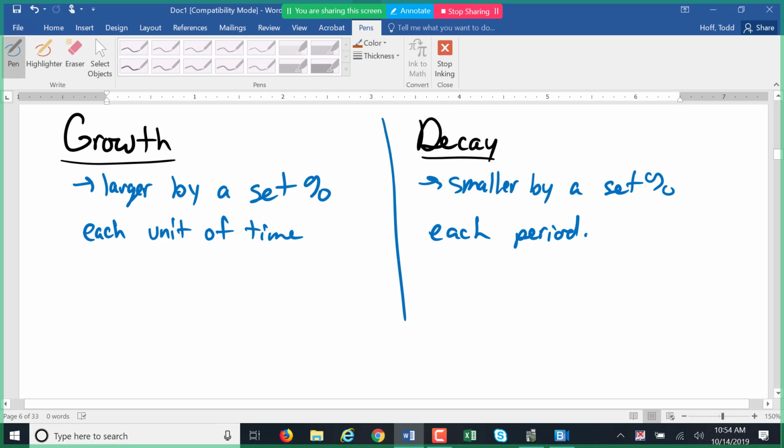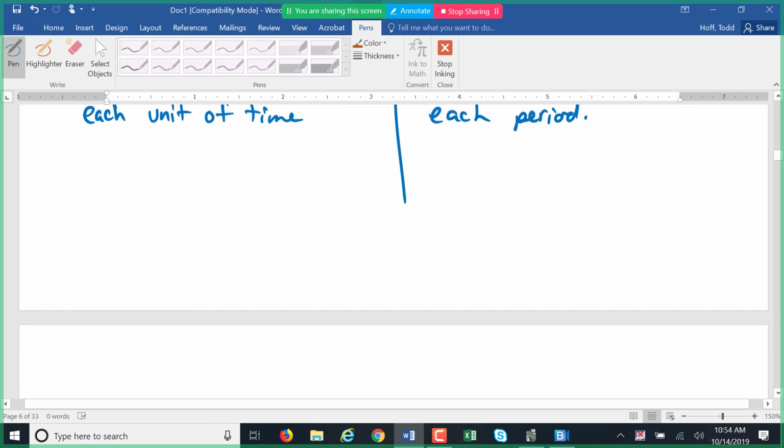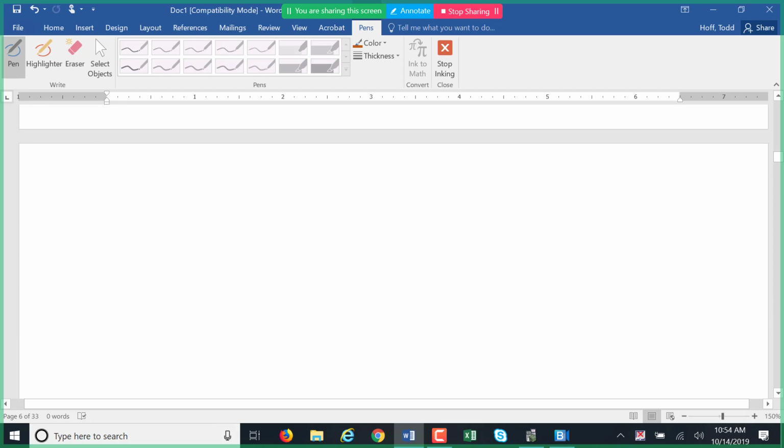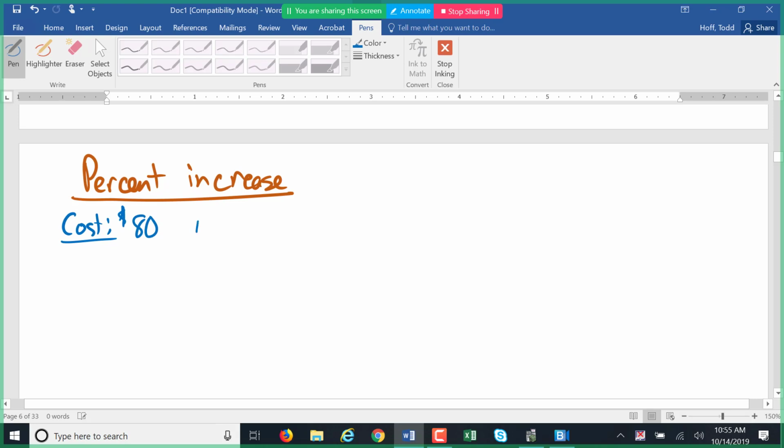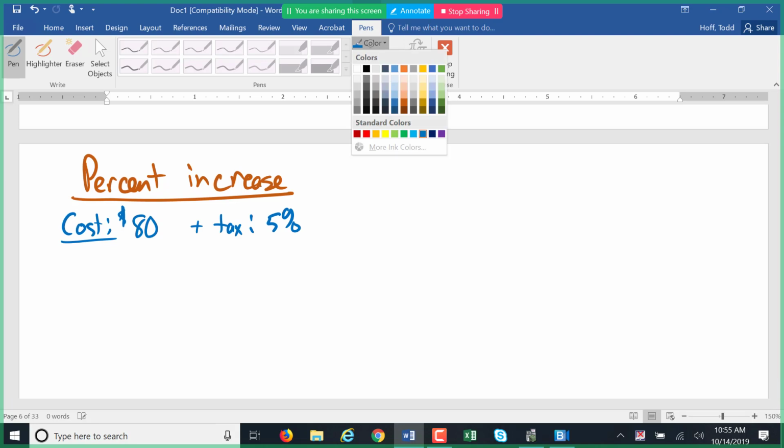To understand how this works, we need to talk a little bit about percents and talk about percent increase and decrease. I'm looking at a percent increase. Let's say I have an item that costs list price $80, but it's going to have plus tax of 5%.